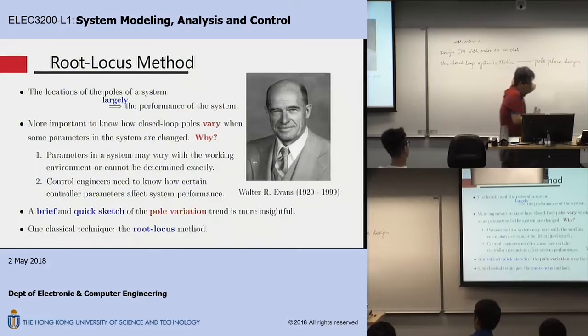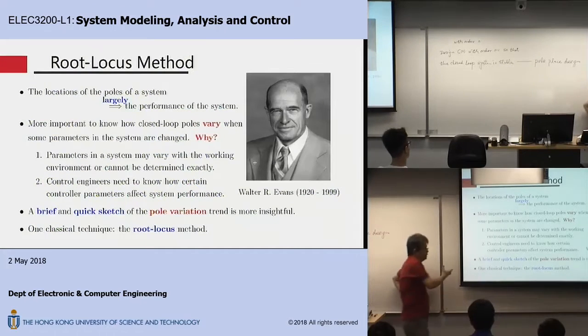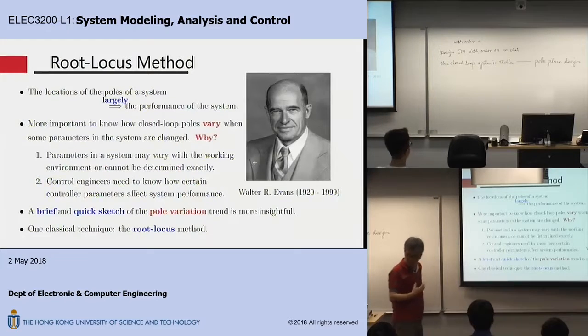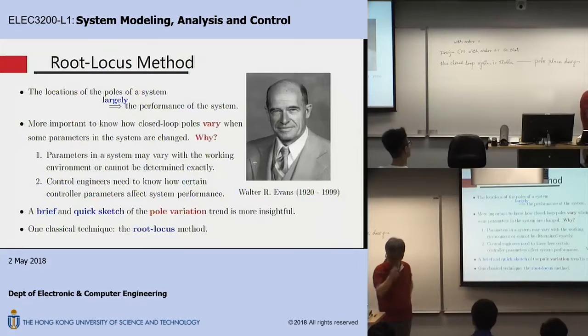So that's why you really want to study it. Based on these two motivations, you want to study the relationship between one parameter in the system and the closed loop poles.